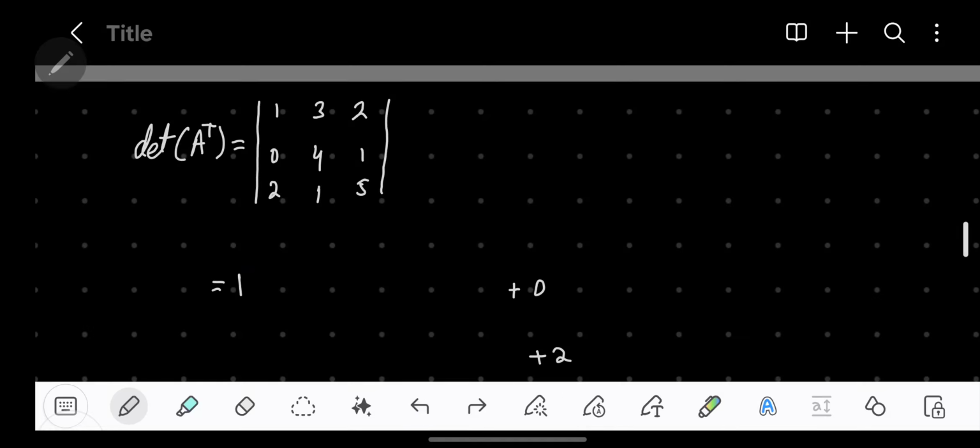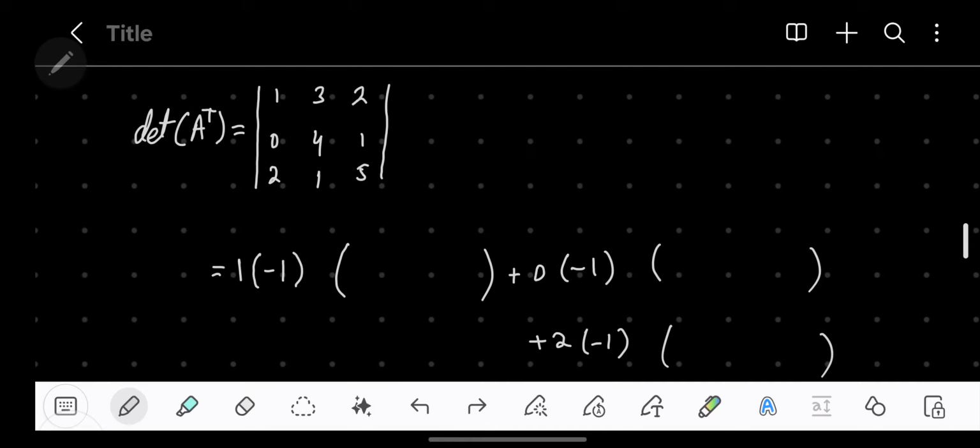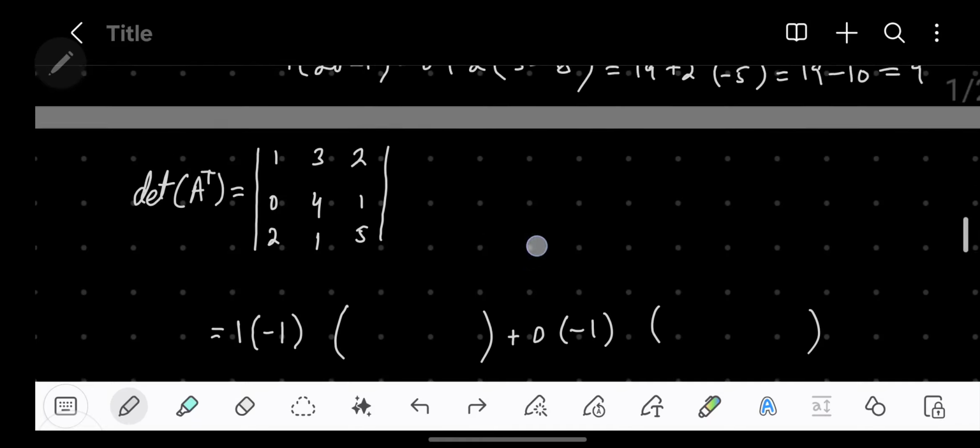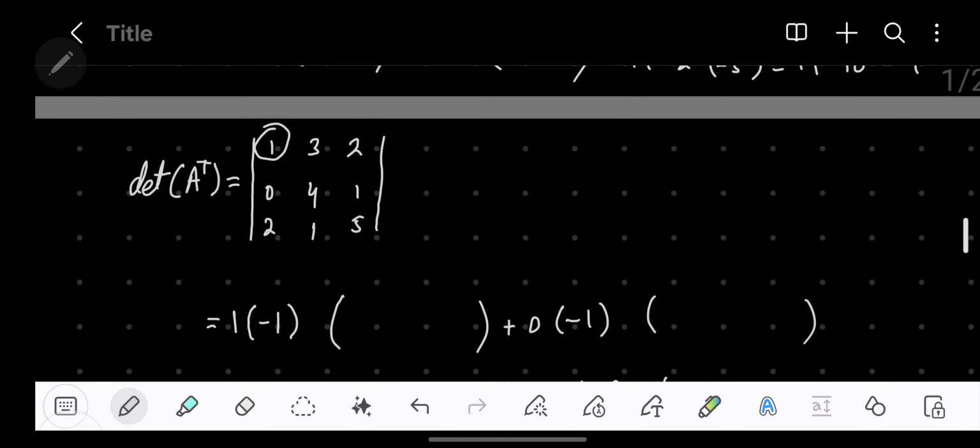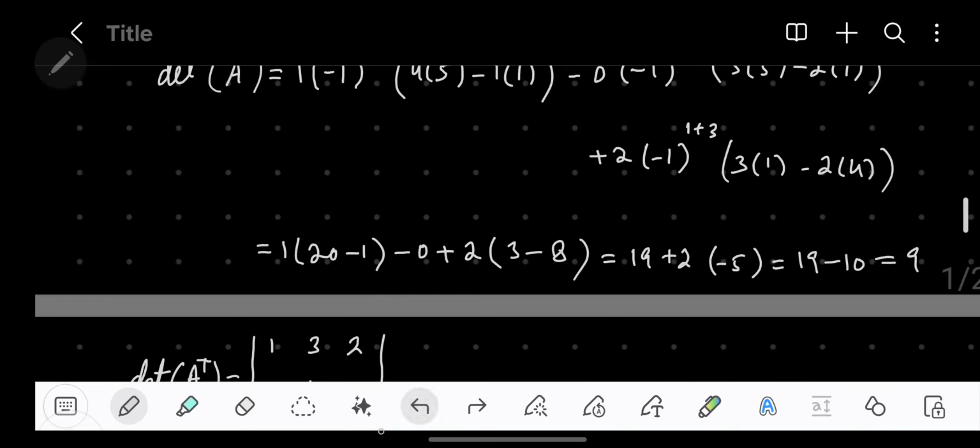Then I will write the minors. First of all, I will write -1 everywhere. Then I will count where these entries are lying. Since 1 is lying in the first row and the first column, I will write 1 plus 1 here.